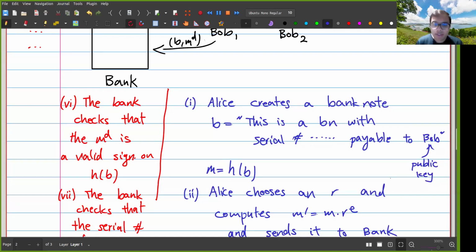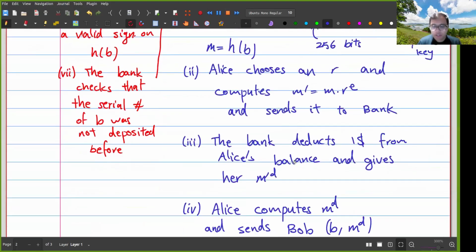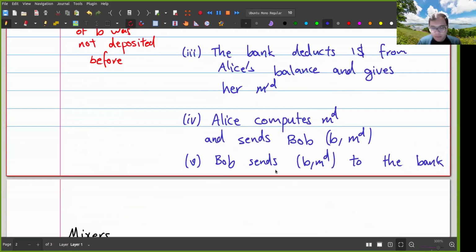And if I do this, my banknote will now have the serial number, which was long, and it's also going to have the name or the public key of the person who can use this banknote, and only that person can use the banknote. Okay, so again, I'm taking the hash, I'm doing the blind signature, and then I'm sending it to Bob.